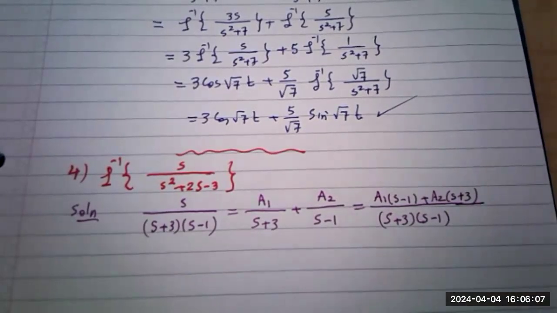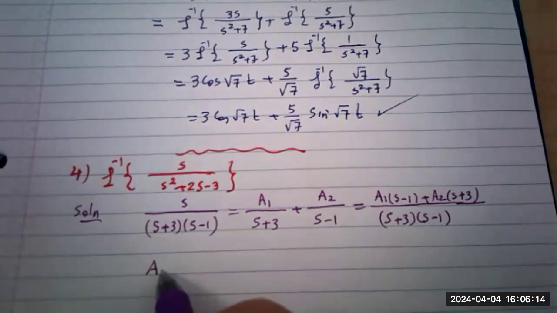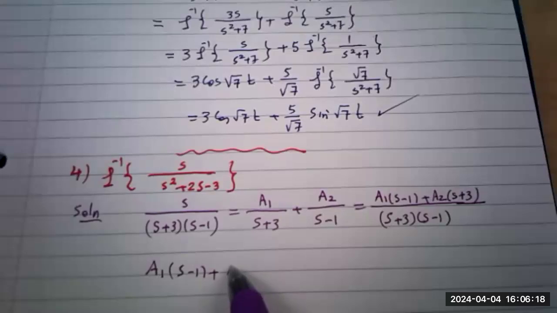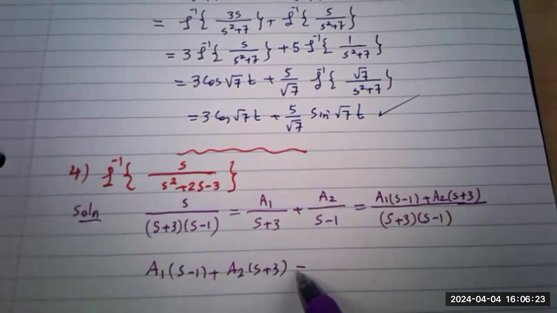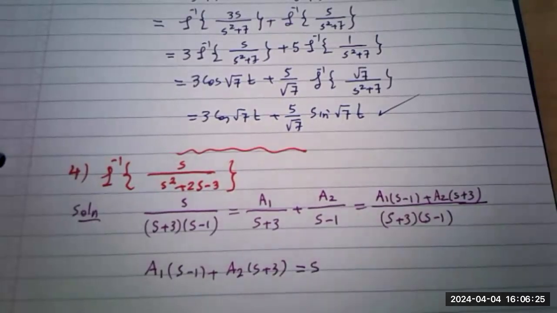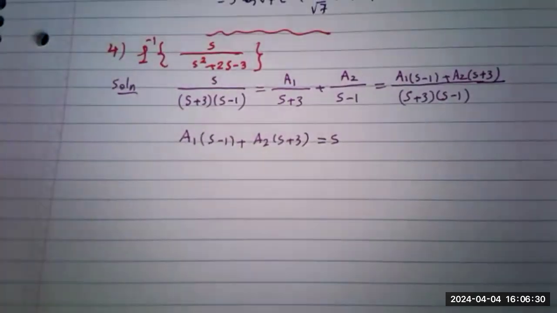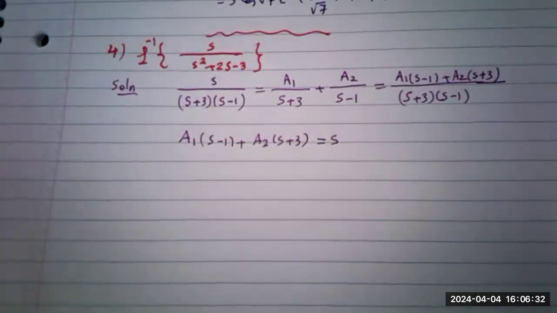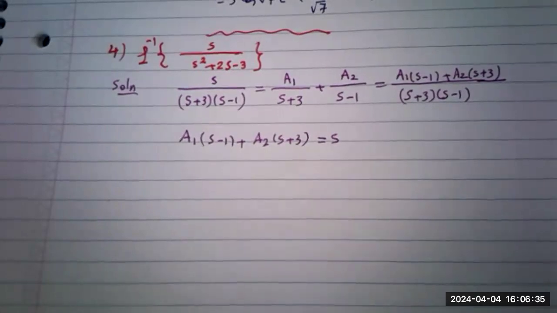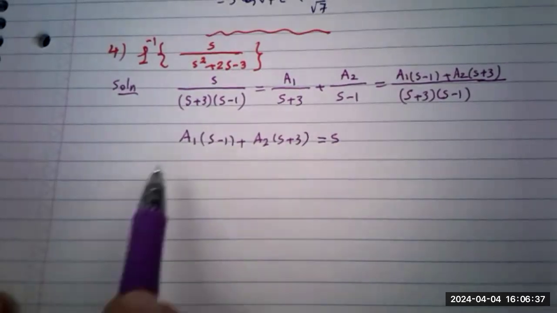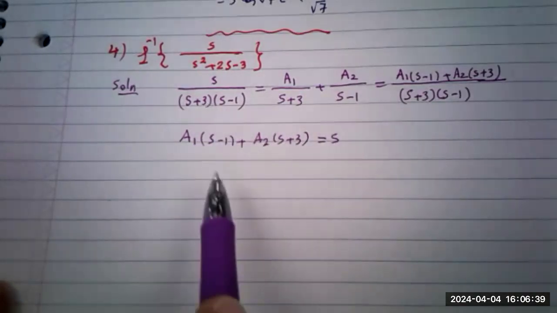This must be equal to s. You can multiply it out and consider the equality of two polynomials, or just use two nice numbers to find them. The nice numbers are the zeros of the denominator.